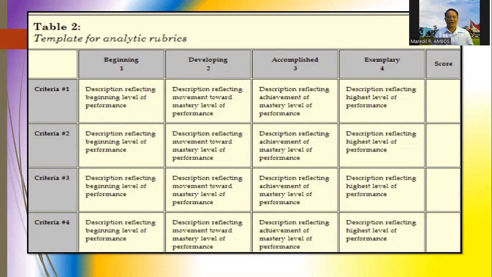Supposing for criteria number 1, you give 4, the description reflects the highest level of performance. And if you give 1 for beginning, let's take criteria 4, the description is a reflection of the beginning level of performance. So that's it.